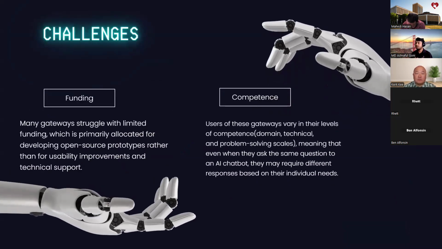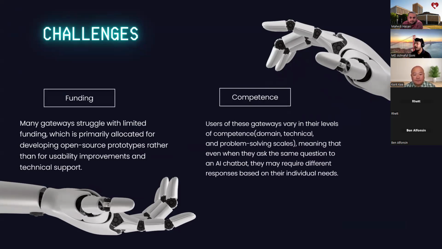So how did the paper's idea come about? In Science Gateways, there are two main challenges that we have identified in our paper. Number one, funding. So yes, gateways got lots of funding, but many gateways struggle with limited funding, because it is allocated for developing open source prototypes rather than usability improvement.